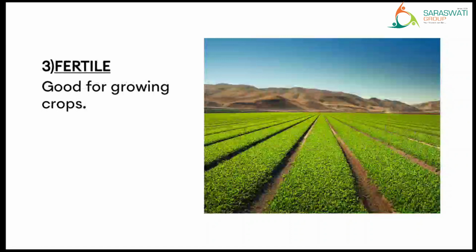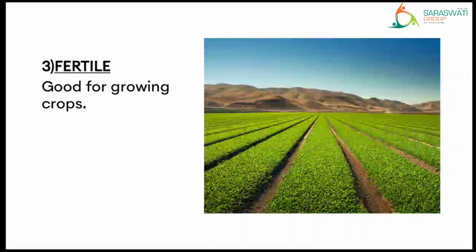So you can say that this land is very fertile, means it is good for growing crops. The crops which you grow in an unfertile land might not grow well. But this land area is very fertile, and hence the crops are grown so well. It looks so beautiful. Everywhere it is green, rich green color.